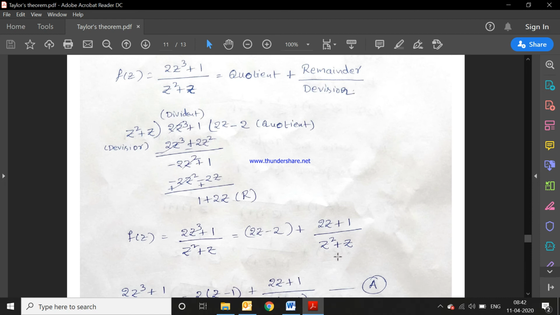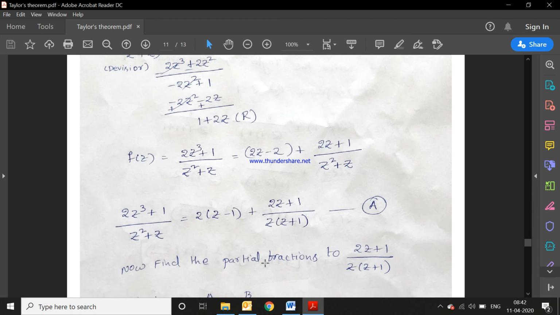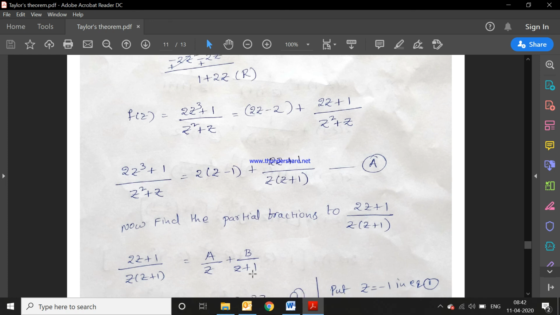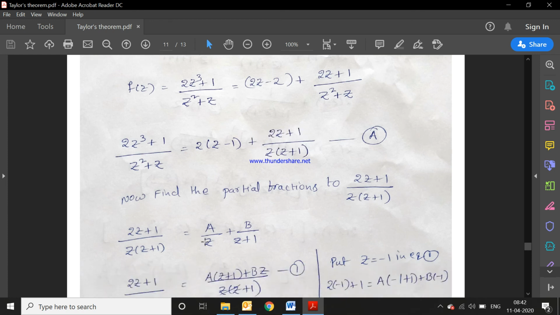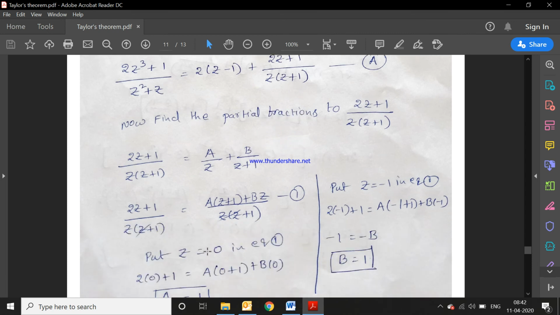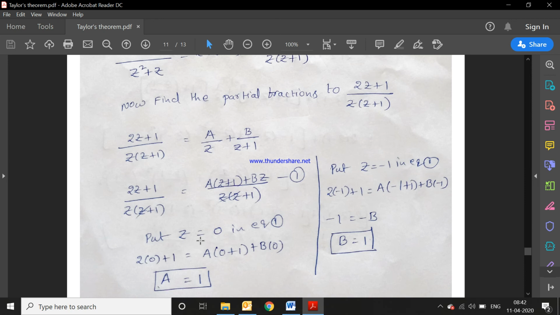General partial fractions we have to apply for this value. We can consider this equation as the first equation A. After that, find the partial fractions of (2z plus 1) by (z square plus z). Taking z common, we write z into (z plus 1). So the partial fractions are A by z plus B by (z plus 1). Find the values of A and B. Now substitute z is equal to 0, we get the A value is 1, and z is equal to minus 1, we get the B value is also 1.